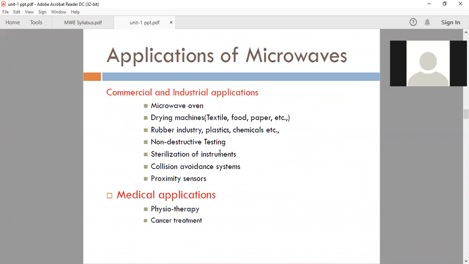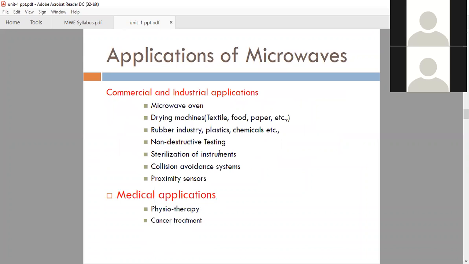Then coming to the applications of microwaves. We can divide them into different categories. It's very important, these are the things they ask. What is meant by microwave? Maybe a 1 mark or 2 marks question. What is the range of microwave? Microwaves are electromagnetic waves where the frequency range is from 1 gigahertz to 1000 gigahertz.